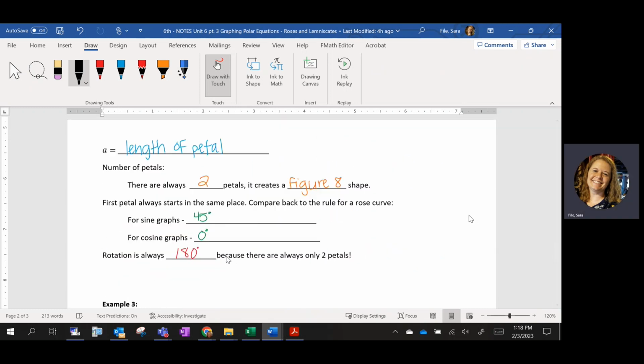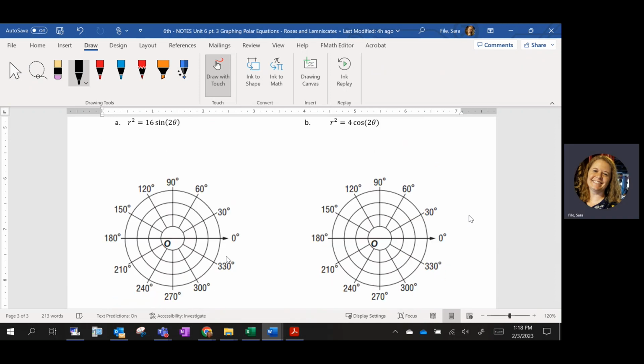Let's try these 2 examples then. Now, what you need to be careful of is that the format of the equation is not a sine of 2 theta. What is it? It's a squared sine of 2 theta or a squared cosine of 2 theta. So that coefficient in front of sine or cosine, that's a squared.